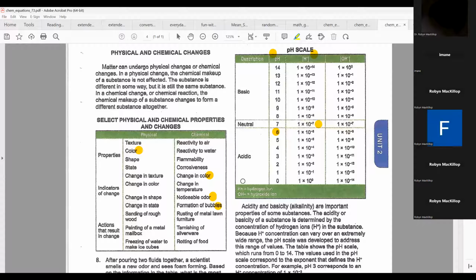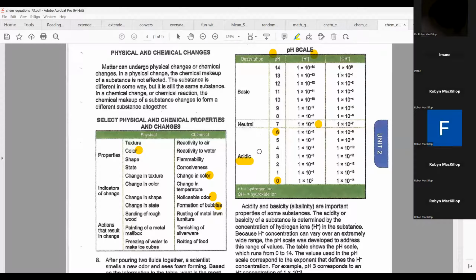So here's the pH. Battery acid is highly acidic. It will burn your skin if it touches you. So what number, 14, 12, 8, or 0, would be the most acidic? 0. I think 0. Yeah, that's going to be the most acidic.